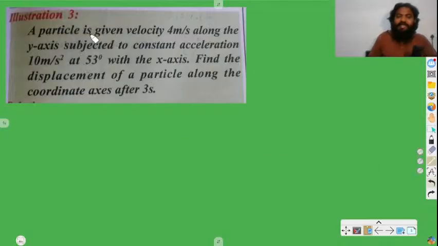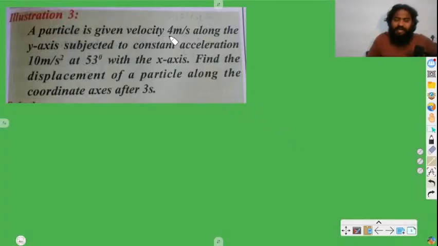A particle is given velocity 4 meter per second along the y-axis, subjected to constant acceleration 10 meter per second square at 50 degrees with the x-axis. Find the displacement of the particle along the coordinate of the x-axis after 3 seconds, right?